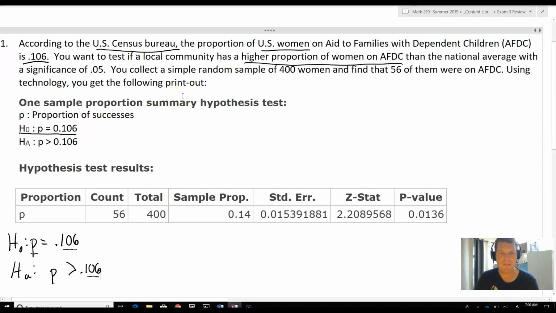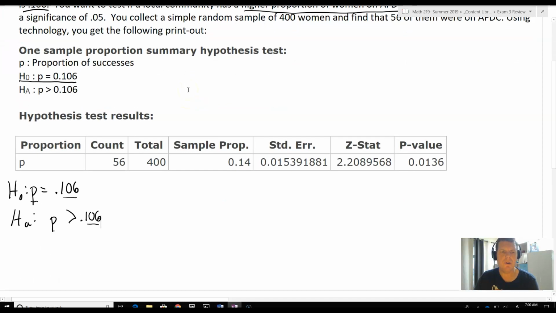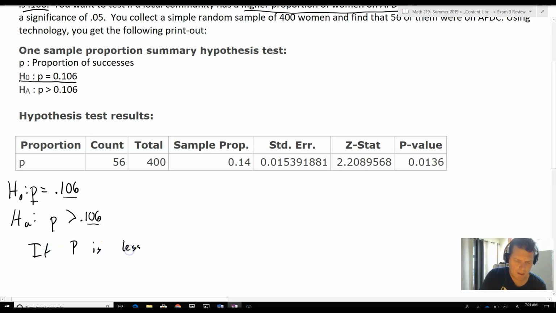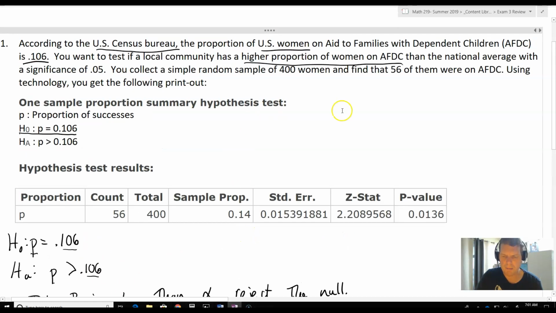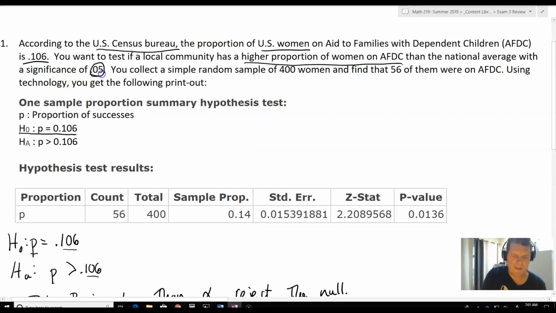Now, the next thing is we're going to be using the p-value method. So I want to think about this: if p is less than alpha, reject the null. I look inside of my problem, and it says that my significance level is 0.05.